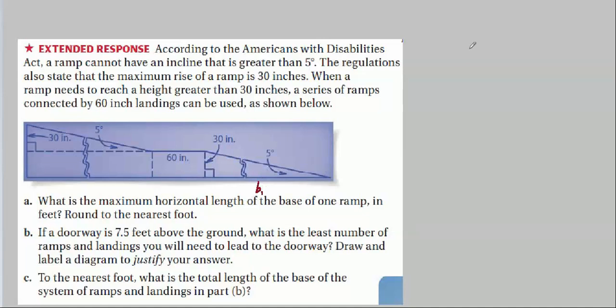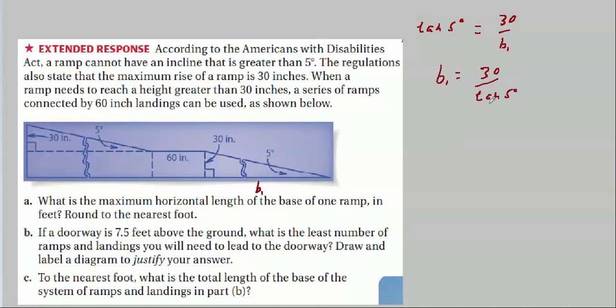In that case, the tangent of 5 degrees equals 30 over B1, or B1 equals 30 over the tangent of 5 degrees, which is going to be kind of a big number because the tangent of 5 degrees is a small number.